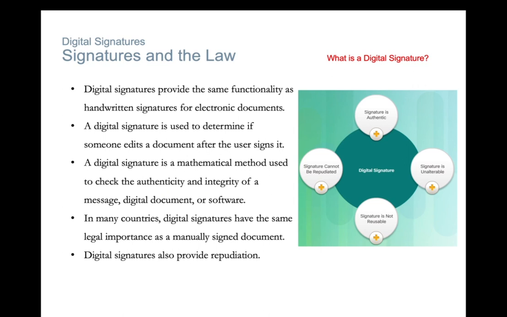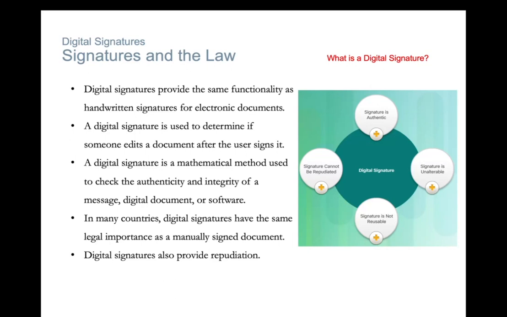A digital signature is a mathematical method used to check the authenticity and integrity of a message, digital document, or software. In many countries, digital signatures have the same legal importance as a manually signed document.